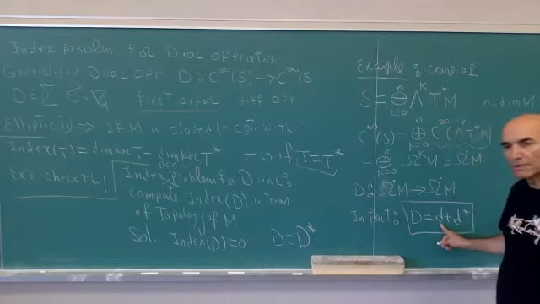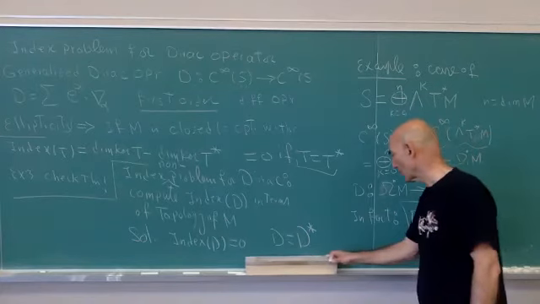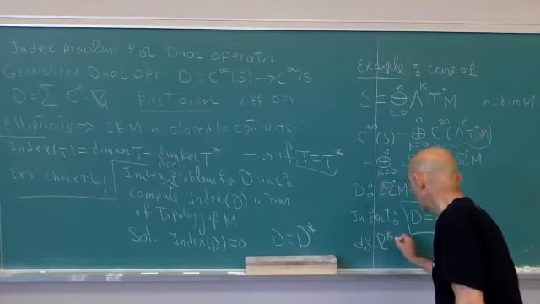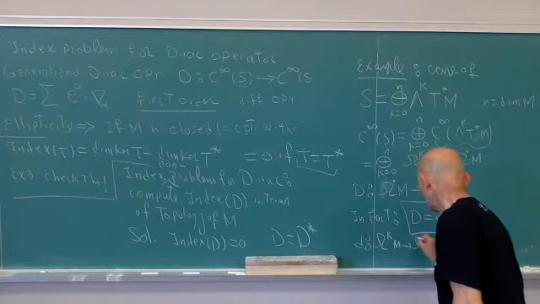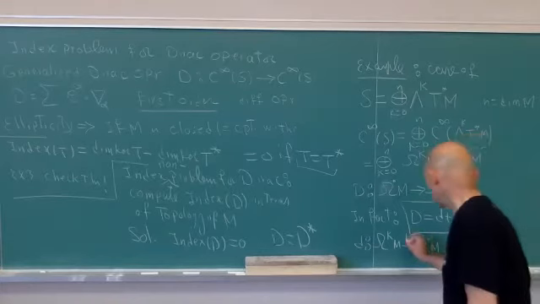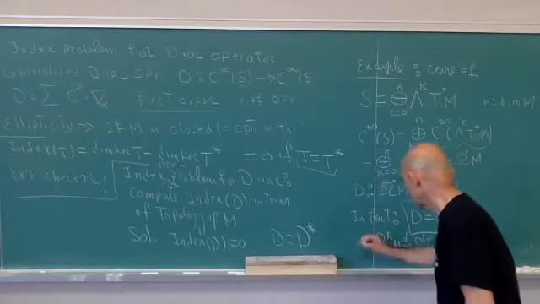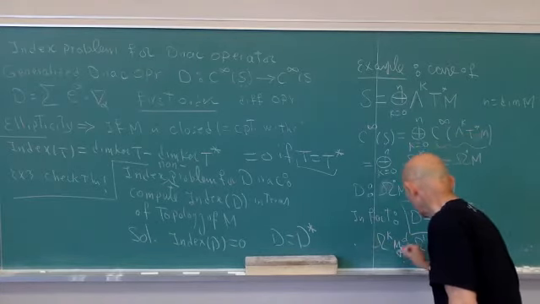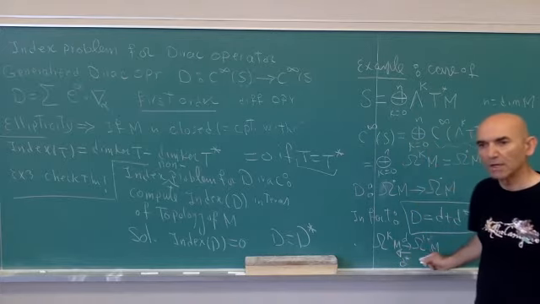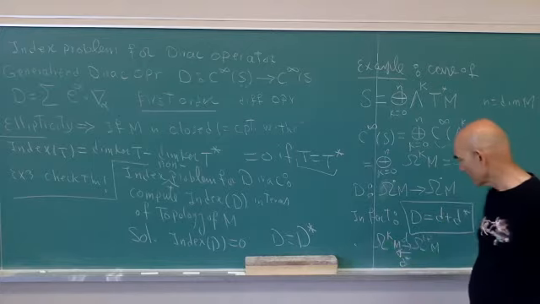But d, of course, remember, d goes from omega K to omega K plus 1 of M. This is d, here I put it like that, and then d star goes in the other direction. It lowers the degree, right? d star lowers the degree.